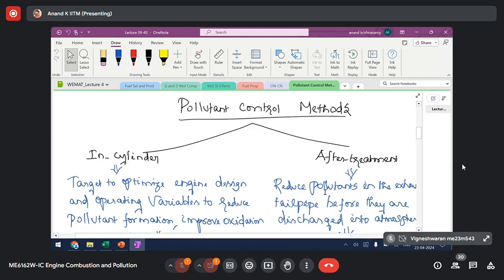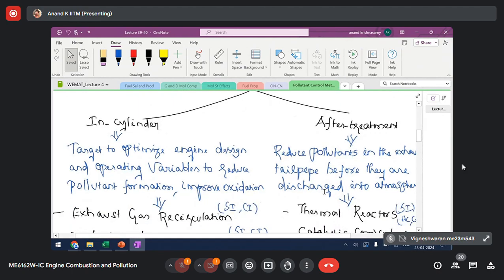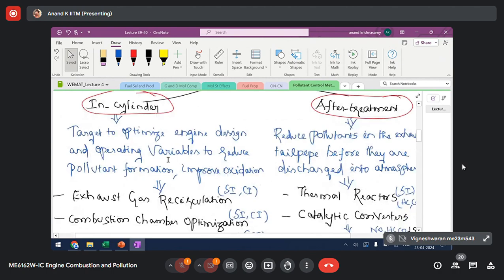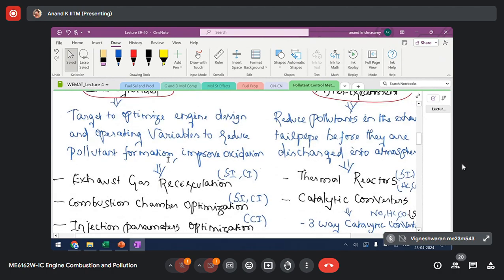Okay, so here I have provided a summary of the in-cylinder and after treatment control methods that are available to reduce the primary pollutants. As said, the in-cylinder methods aim to optimize engine design and operating variables inside the cylinder so as to reduce the formation rate of pollutants and also improve the oxidation rate of pollutants, so that the overall pollutant level will be less in the tailpipe.